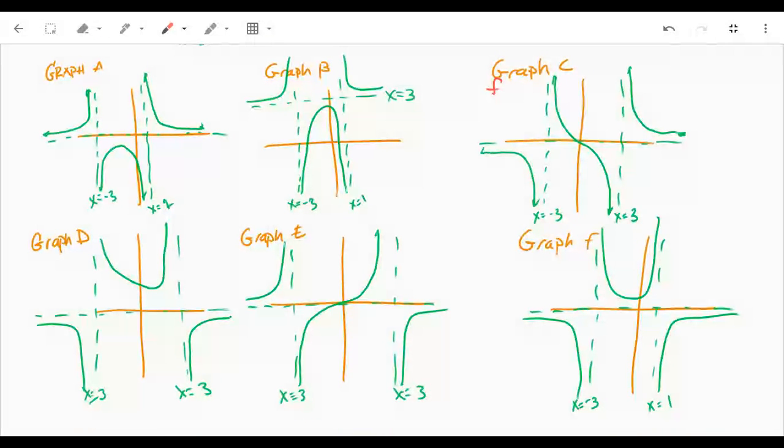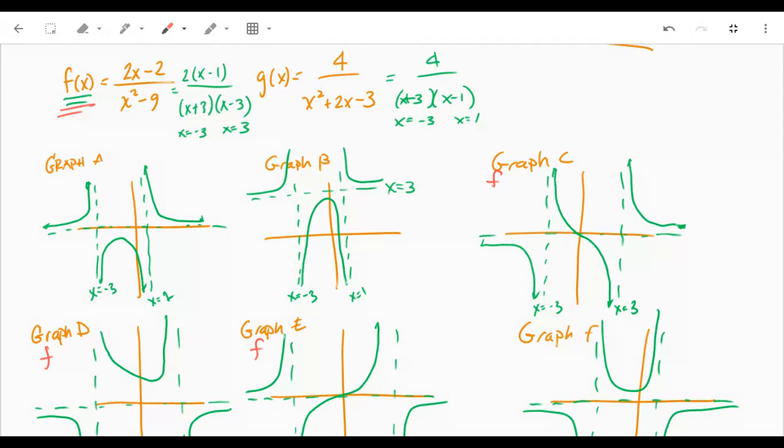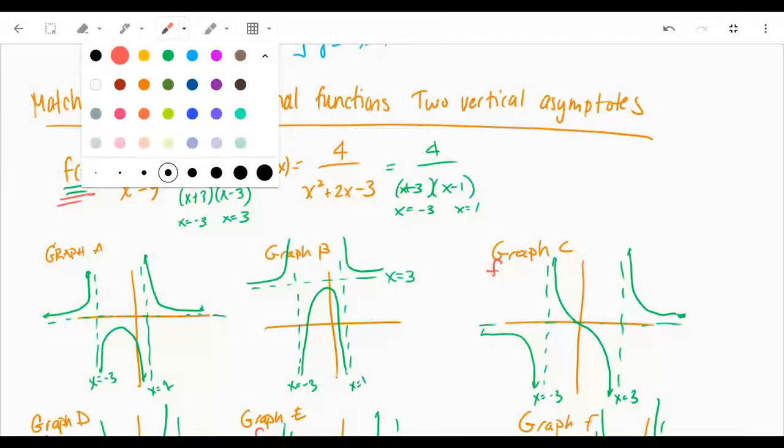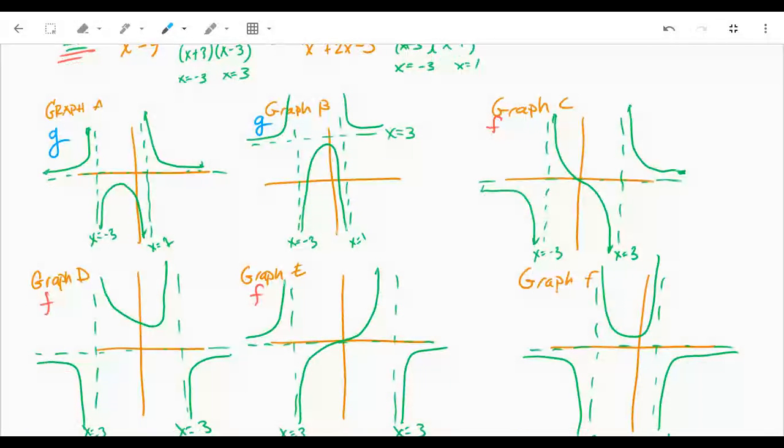Okay. And then G could be possibly, use blue here for G. G could be the ones that have the asymptotes at -3 and 1. So G, G, and then this one could possibly be G.